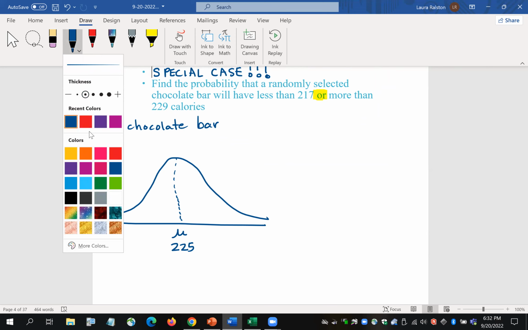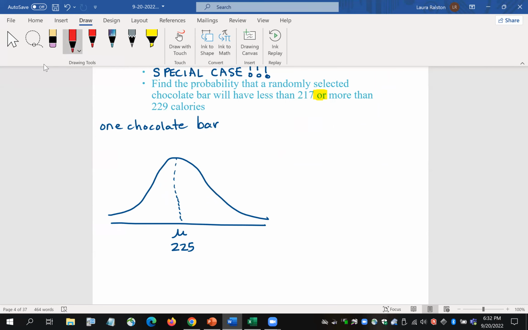In this case, I have 2 different regions because it says less than 217. So I've got 217 and I want to be less, or I am more than 229. So you really have two shaded regions.